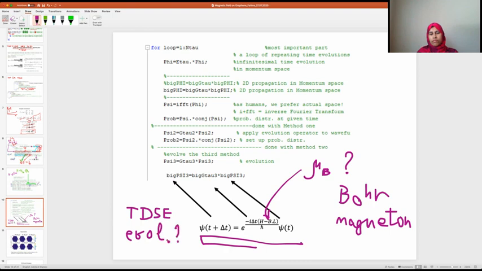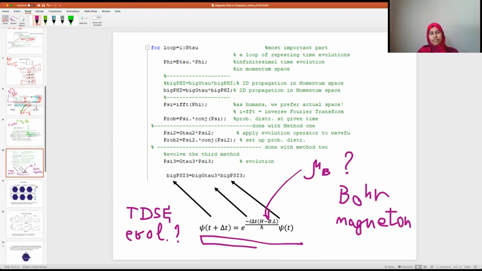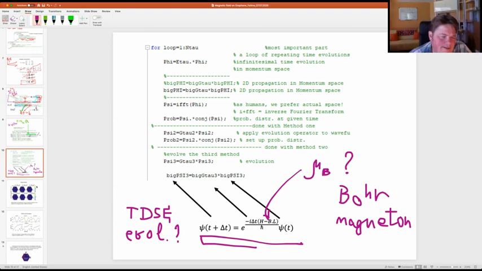Or is there a better name for this? I'm not sure. So you do not mind calling it evolution operator for time-dependent Schrödinger equation?